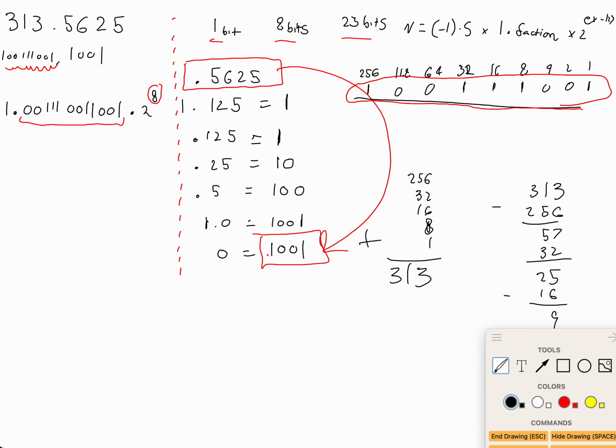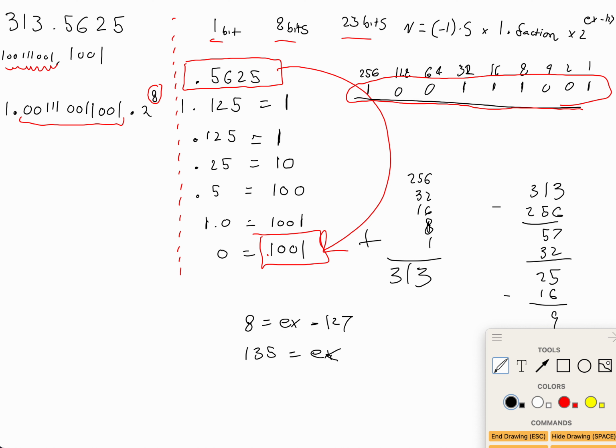I can say that 8 equals exponent minus 127. All right? And if I solve by adding 127 to both sides, we get 135 equals exponent. Now, that means that we want the exponent value we store to be 135.